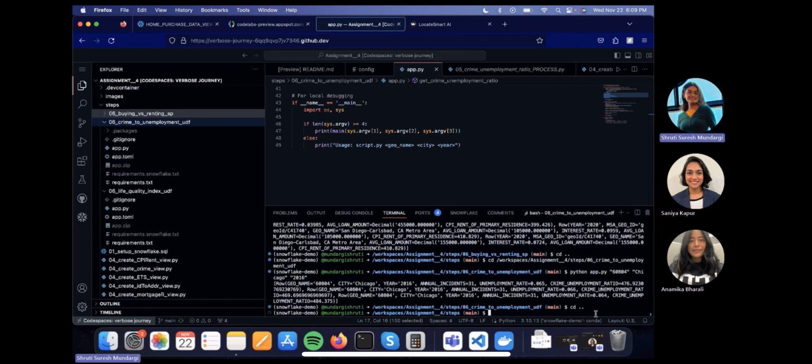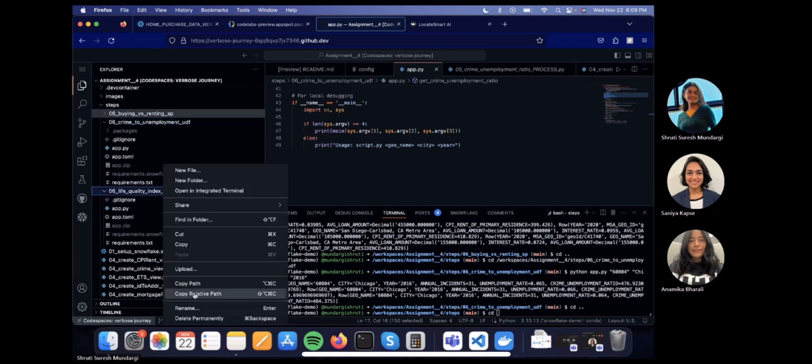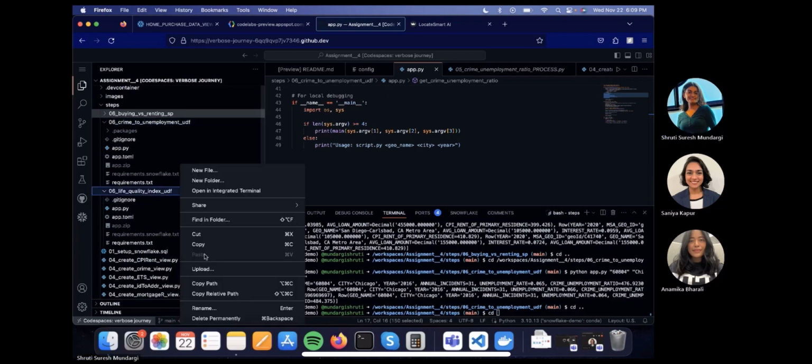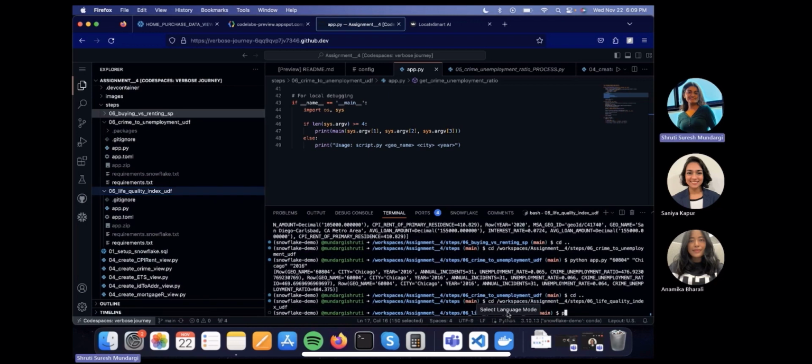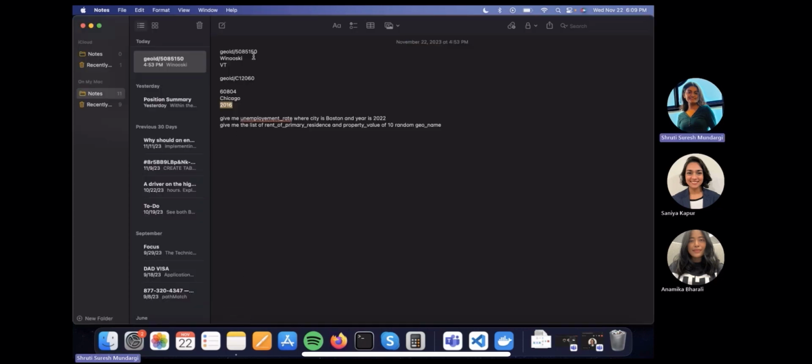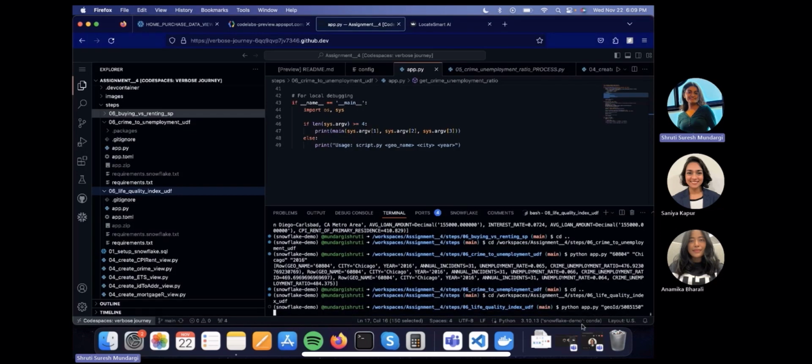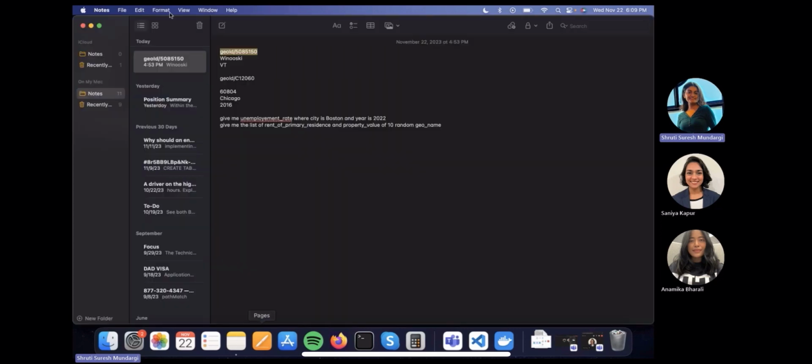Similarly, we can run the life quality index, and the three parameters that it requires are zip ID, state, and city name.